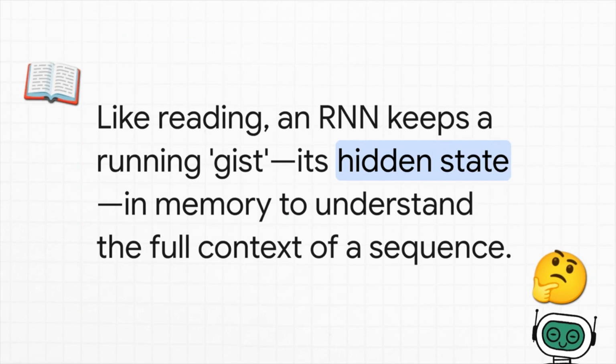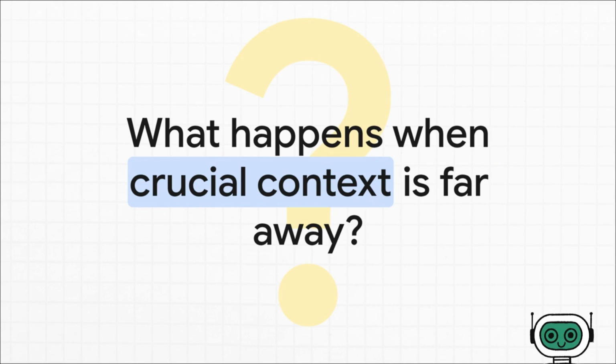When you read a sentence, you're not just looking at one word at a time. You're building up a mental summary, a kind of running gist of what's going on. An RNN does the exact same thing. And that gist, that internal memory that gets updated with every new piece of information, that's what we call the network's hidden state.